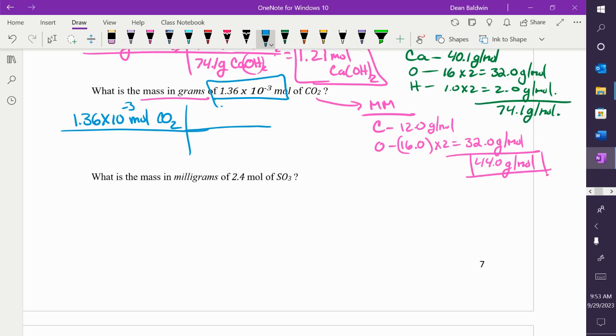What do I want in the bottom of the next box? What units? Moles, right? So I can use this as is. I can write 44.0 grams of CO2 is 1 mole of CO2.